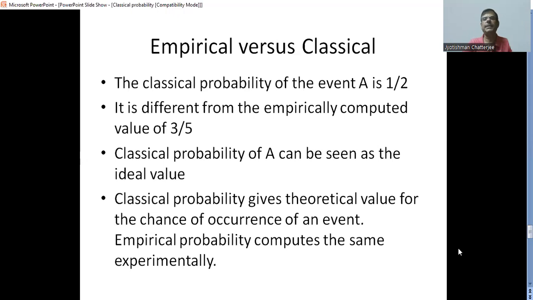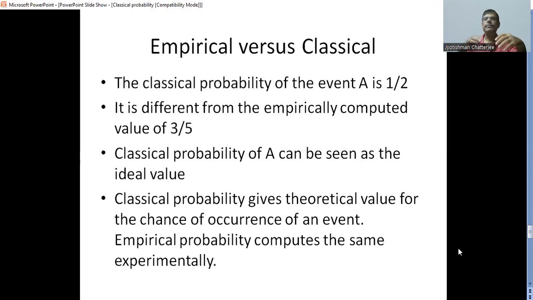The ratio of these two numbers is equal to half. So by the classical definition of probability, the event A has probability half. However, empirically, when we do the experiment and try to compute the probability of the same event, we got the answer 6 by 10 equal to 3 by 5. So it's different from the classical value of half.